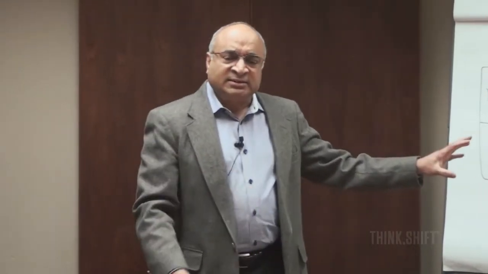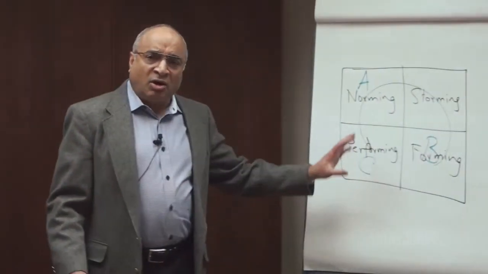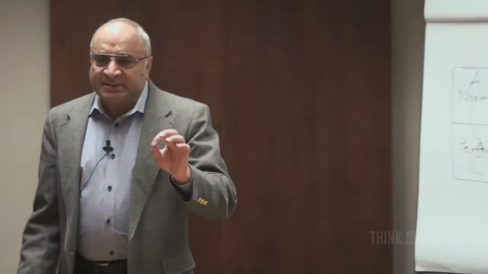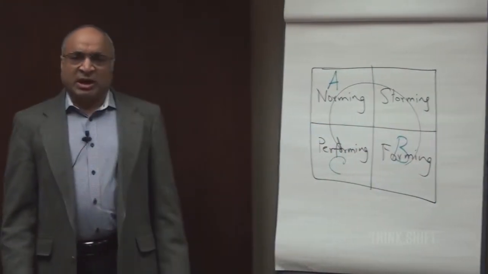So place the letters A, B, and C on this map, representing where you think the team is relative to the evolution described in this model. I'll give you a few minutes to do that.